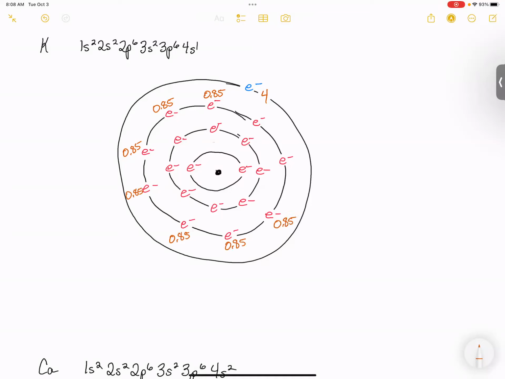According to the rules, for every electron that is 2 shells in or more, they will provide a full 1 as far as the interference that they provide. So all the electrons in the 2s and all the electrons in the 1s, they're going to provide a full 1.